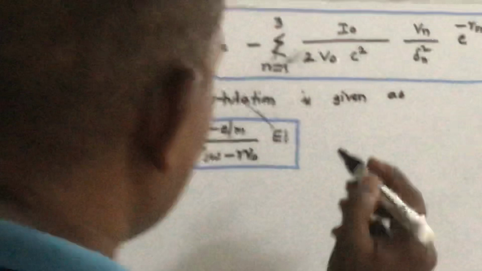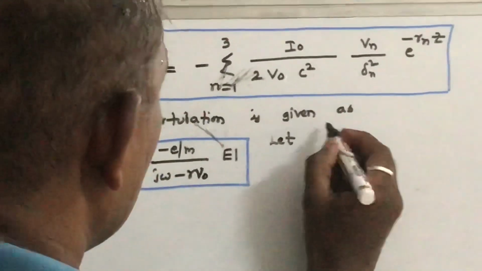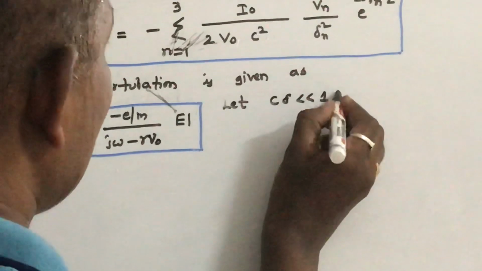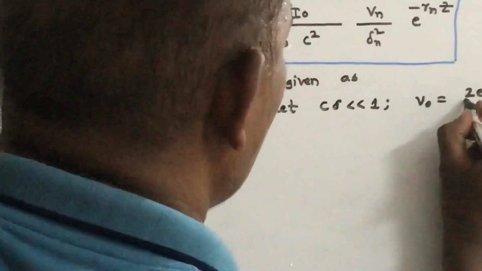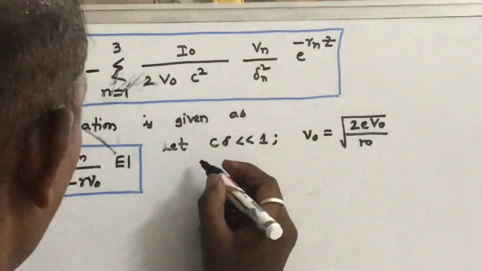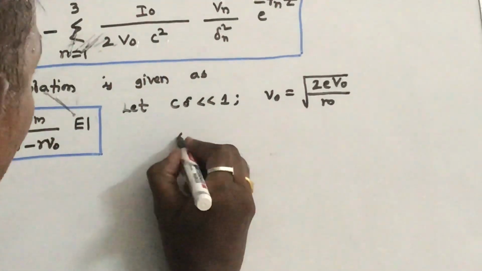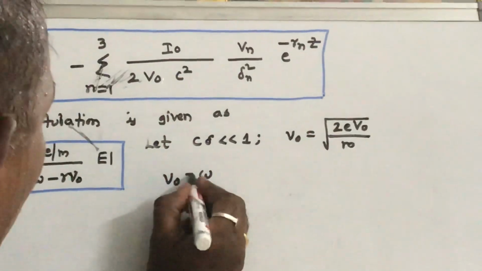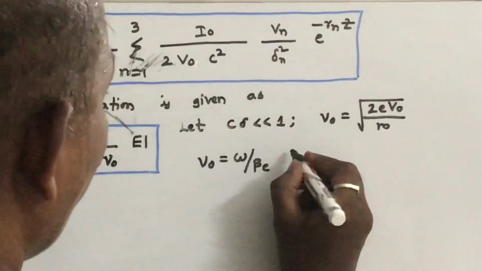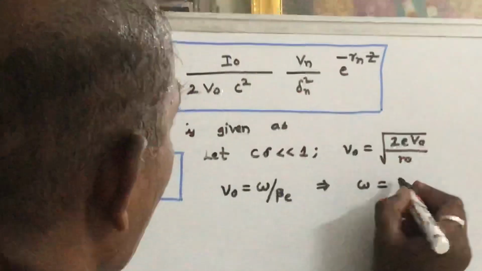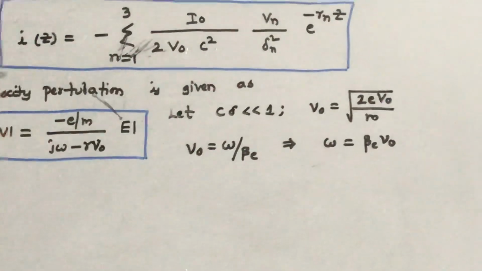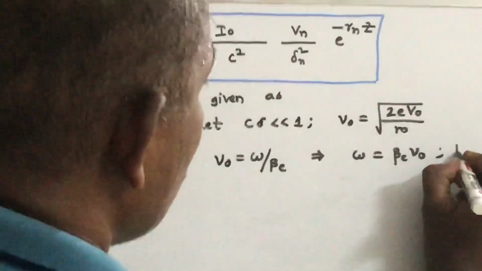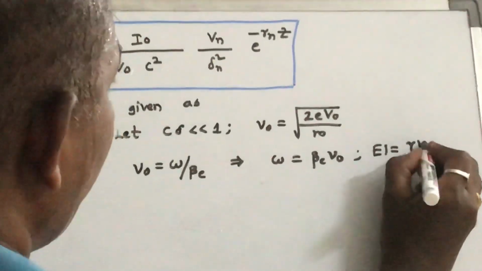In this expression, let C delta be much less than 1 and assume that the velocity is equal to root of 2e V naught, cathode voltage, by m. So this is a formula we know, and again substitute: velocity v0 is equal to omega by beta e, from which omega is equal to beta e into v naught. Make these substitutions, and E1 is equal to gamma V, similar to the earlier one.